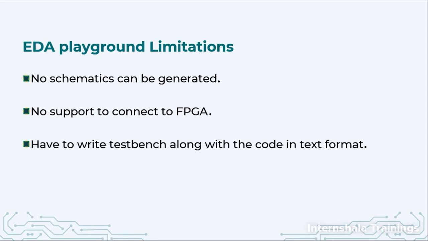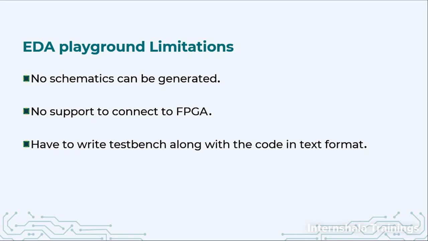You have to write your test benches. In the next module, we will see that there are two different ways of simulating. One by waveforms, that we briefly discussed in the previous video also when we were discussing Vivado, where we generated the waveforms. The second method is manually writing them using a text-based code. So in this platform, you don't have the GUI option.